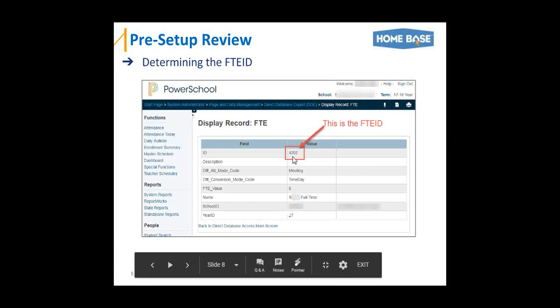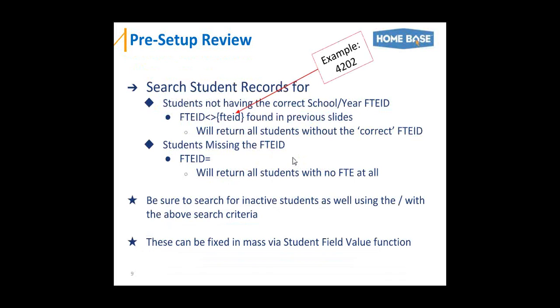Okay, once you have the ID number, we can then start searching our students back in our start page. So on our start page, if you're following along with me, go back to your start page and do a search. In order to find students that do not have the correct FTE ID, you can do a search where it says FTE ID left bracket, right bracket, and then put in that number of the ID.